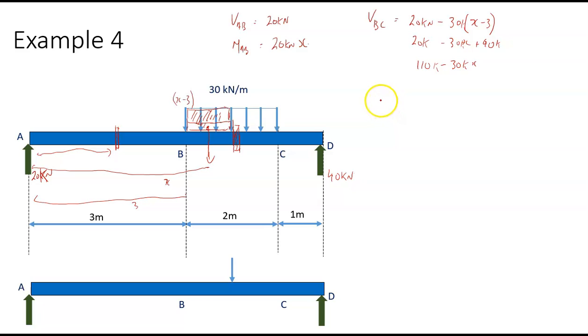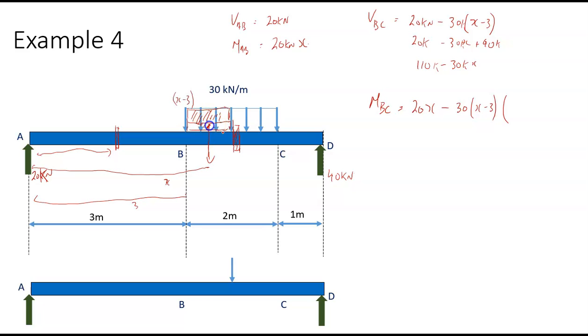If I want to get the bending moment from B to C, let's forget about the k's, I'll put that in at the end. So that's 20x minus 30 times x minus 3, multiplied by the centroid.